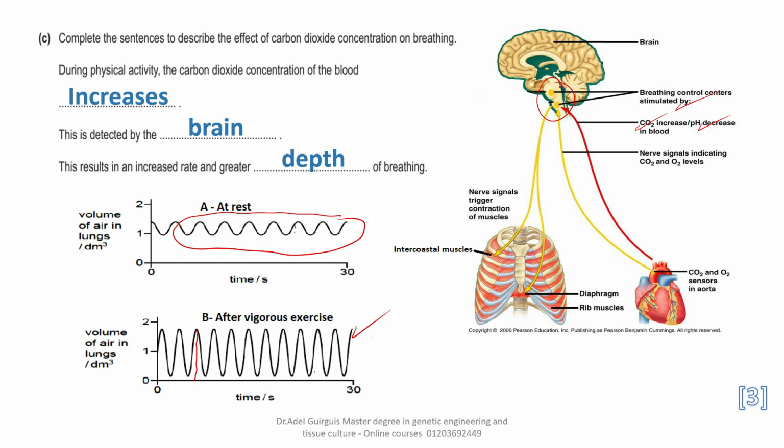The brain sends messages through nerves to the muscles, the diaphragm and the external intercostal muscles, to contract more and more, while it also sends impulses to the pacemaker of the heart to increase its beating rate.